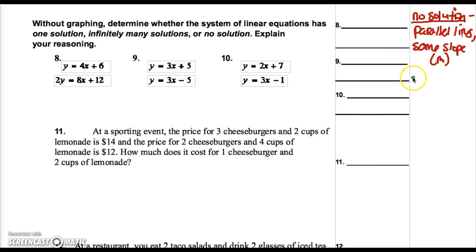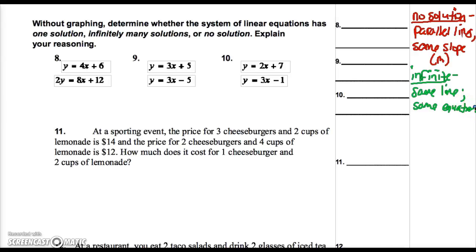For it to have infinite solutions, that is where they are the same line, exact same line, and therefore it's going to be the same equation also.